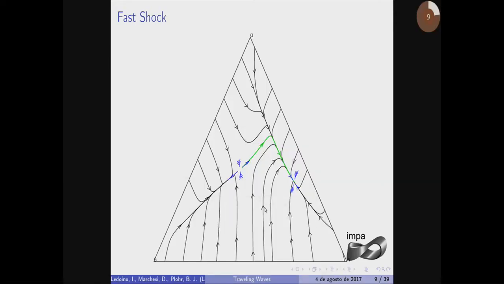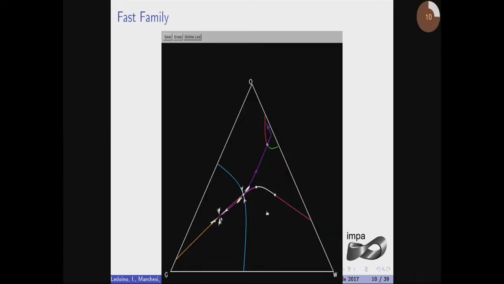This is the fast shock. Now the saddle is at the left state, and we have many orbits entering the right state, but only a few leaving the left state. As previously, there are also many points along the Hugoniot for which we can find saddle to attractor connections.